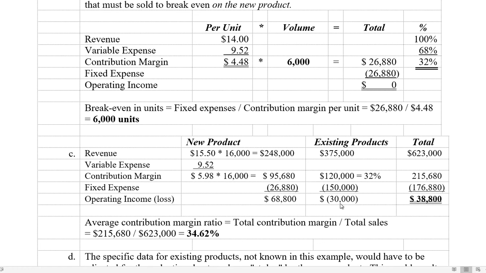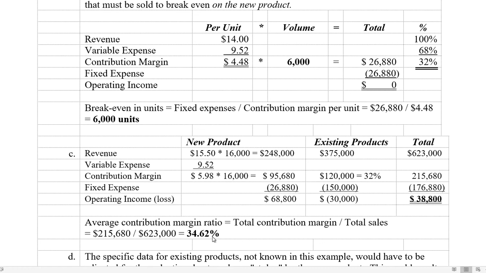So it looks like we do need to sell this new product, don't we? So let's add these two fixed costs together, and we add these two contributions together. And if we take this contribution margin amount of 215,680 and divide it by the sales, then we're going to get a new contribution margin, guys, of 34.62%.